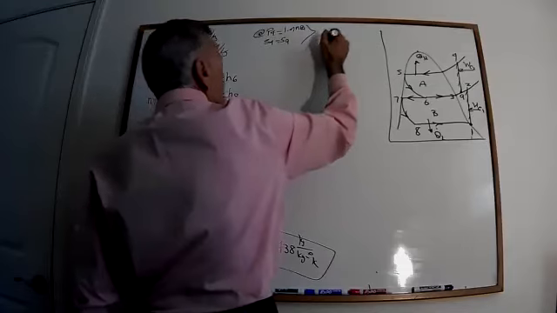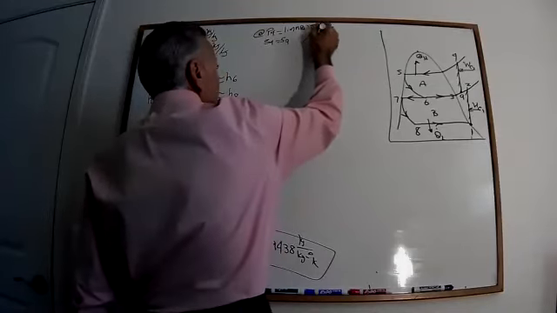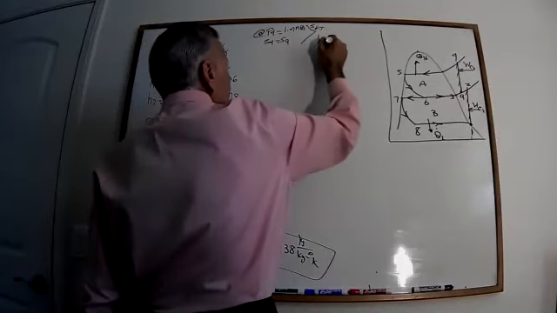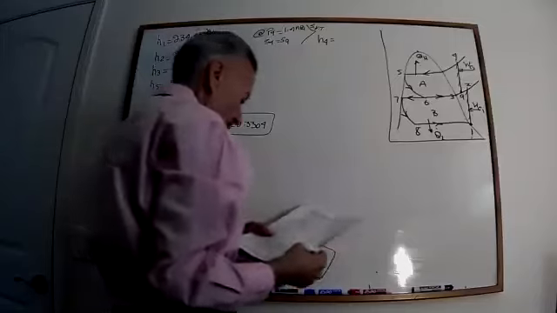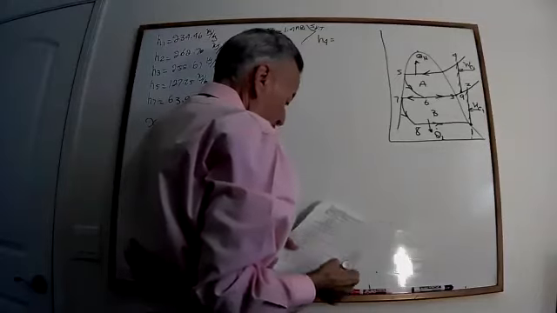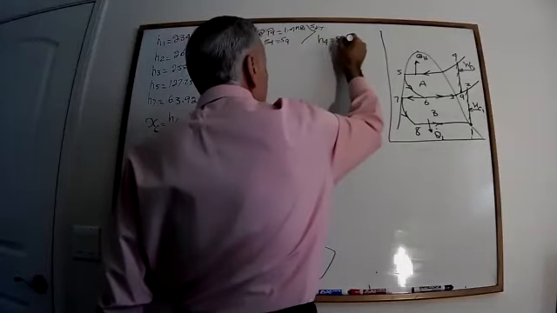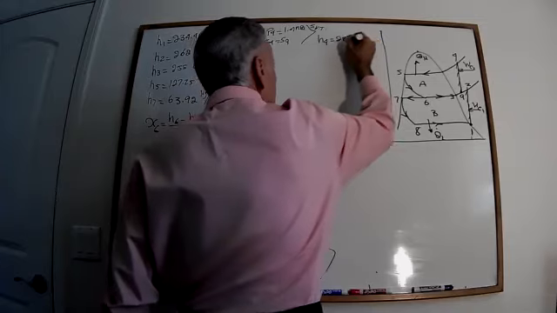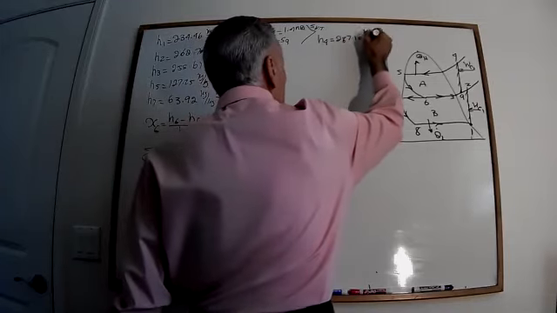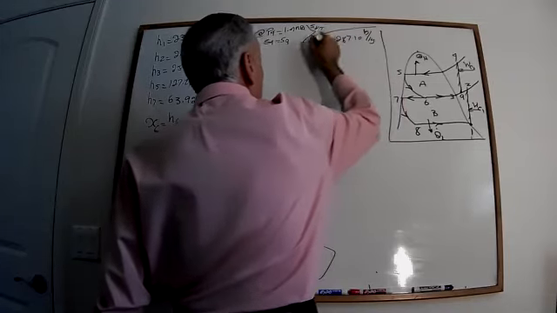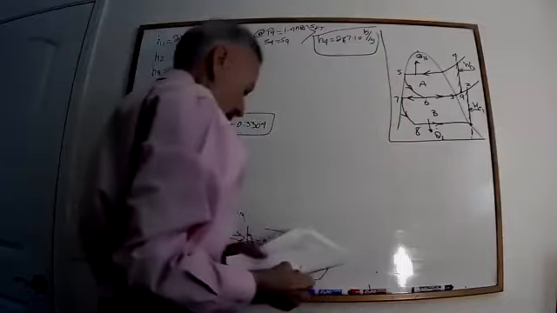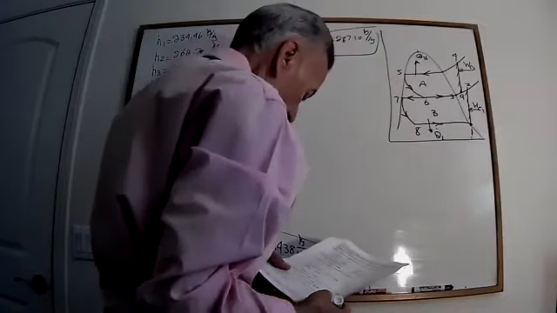Based on these two, from the superheated table, I can find the value of H4 to be 287.10 kilojoule per kilogram. So now I have all 9 H values.